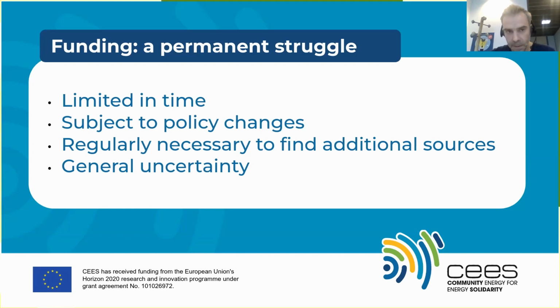It's definitely interesting for those organizations to keep a close eye on what's going on at the moment in their own respective countries. So regularly they need to find additional sources of funding when one stops, and that's quite difficult, and it's very tiring for the teams that need to do that.